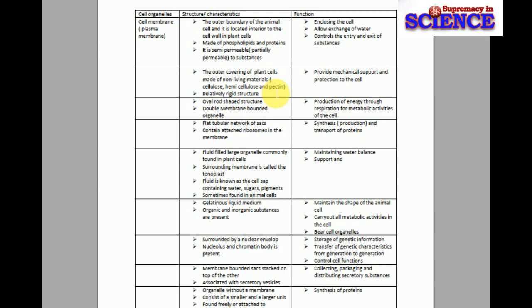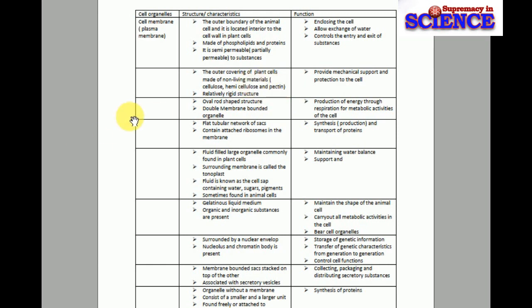But it's not like that. Water and some minerals can go through the cell wall, but not freely through the cell membrane. The cell membrane will allow it to go when it is required, not just excessively go through it. That means you can finally understand that the cell wall is fully permeable for substances.